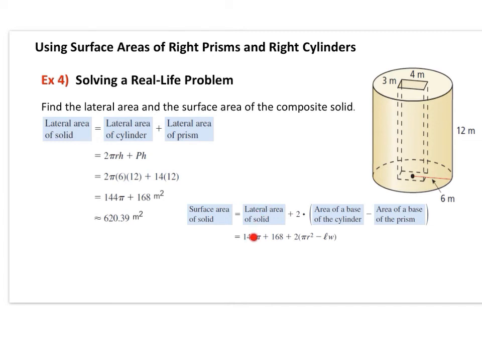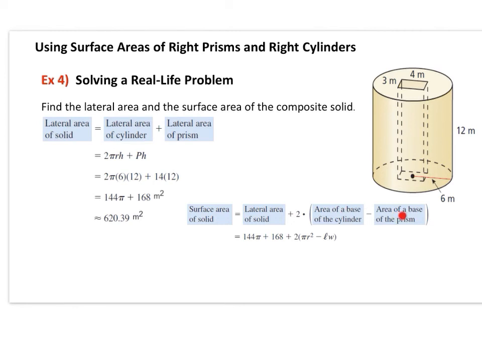The lateral area of the solid, we already figured out to be 144 pi plus 168. Anytime you're doing new calculations, you always want to use exact values, and then you always round at the very, very end of the entire set of calculations. So that's why pi is continuing to remain in your substitutions for this next step.